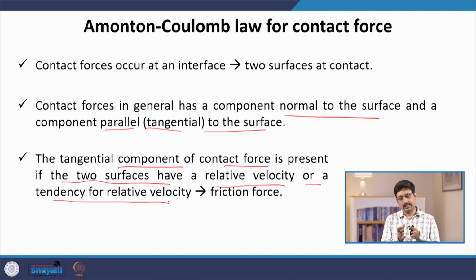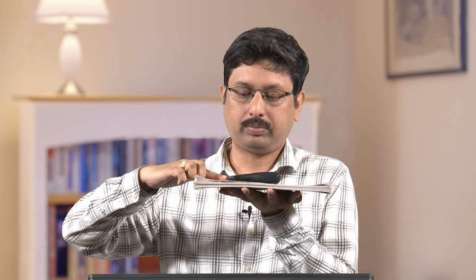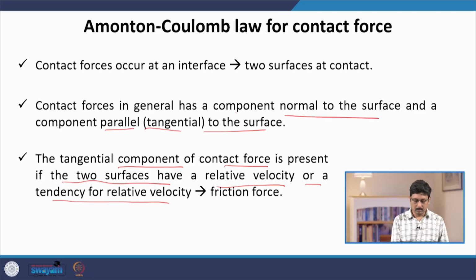This is crucial, because it may happen that if I apply some horizontal force on this book, but my force is small enough, the book will not move, but it will have a tendency to move. So, if there is a tendency for relative velocity or actual relative velocity, then this horizontal component is the friction.